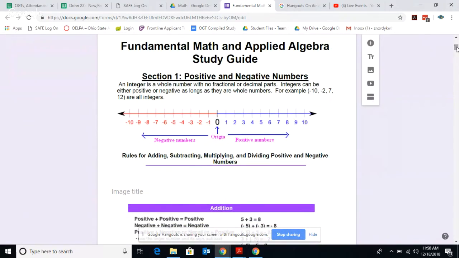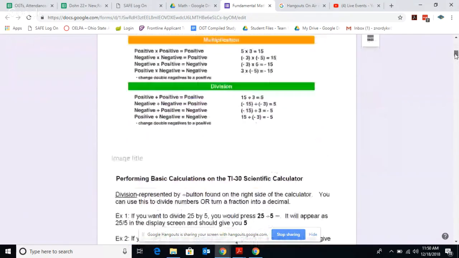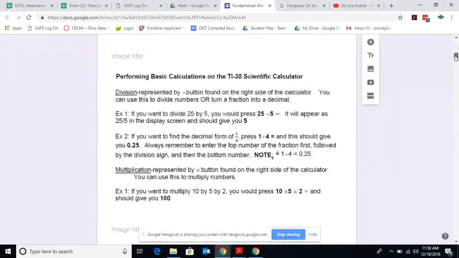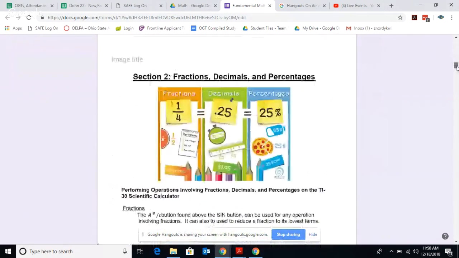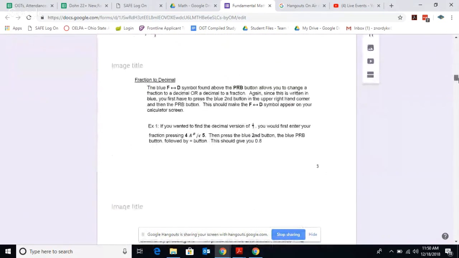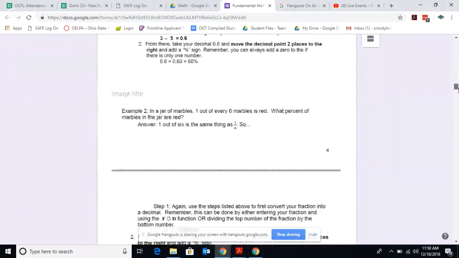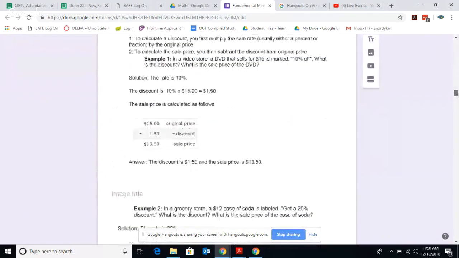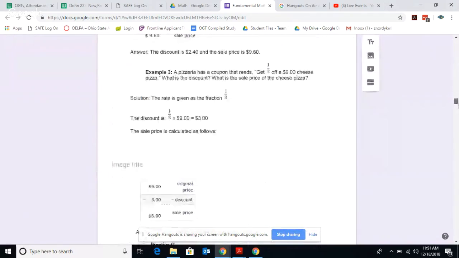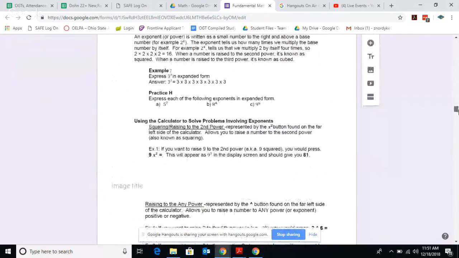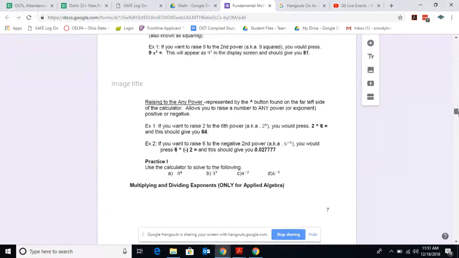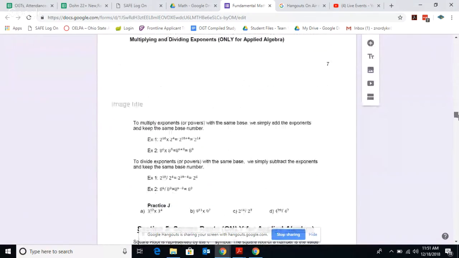As you go through some of the concepts, you will see later on in the guide, and I'm going to try to scroll down to a part that has it, where there's a heading for only fundamental math or only applied algebra. If you don't see a heading that says that, then study it.